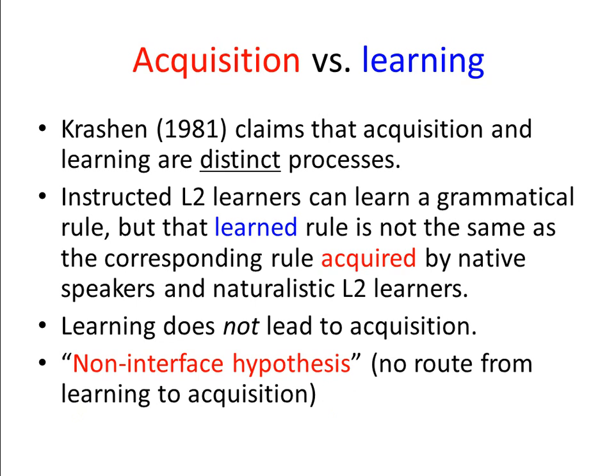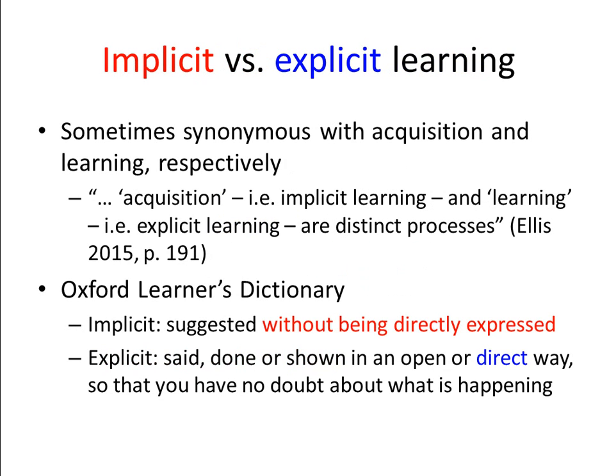So if we have a non-interface hypothesis, we also have an interface hypothesis. But I'm not going to talk about that in this video. And this is also related to acquisition versus learning, because sometimes implicit and explicit learning are synonymous with acquisition and learning respectively.